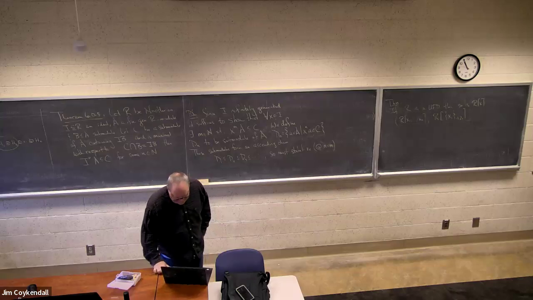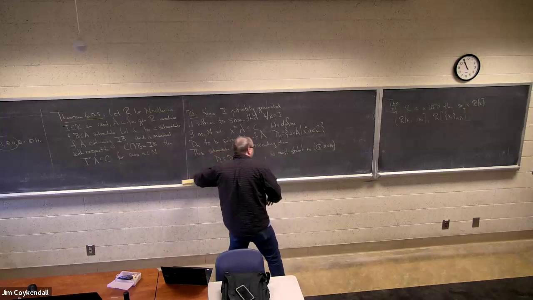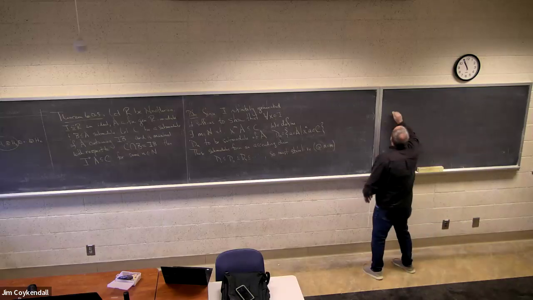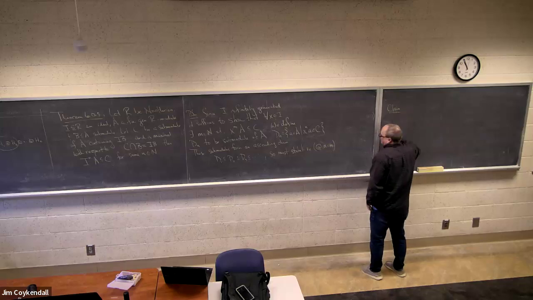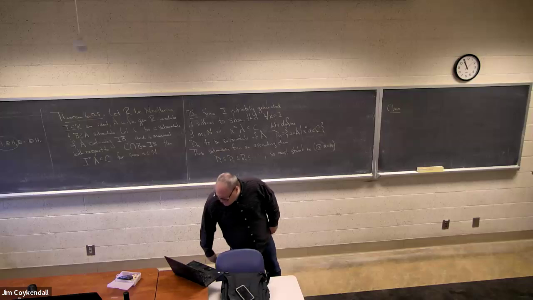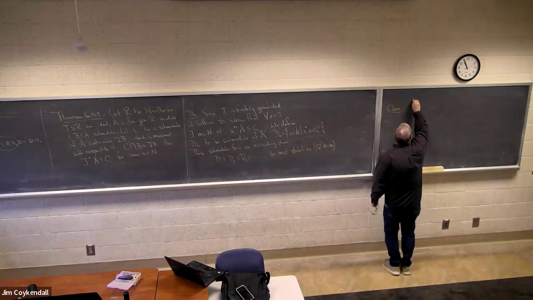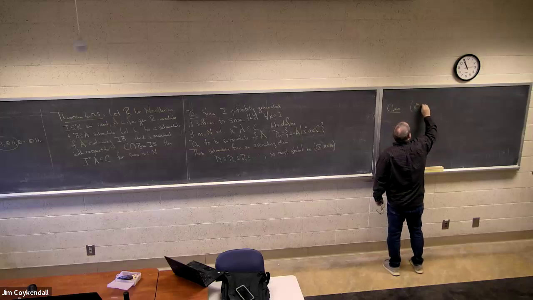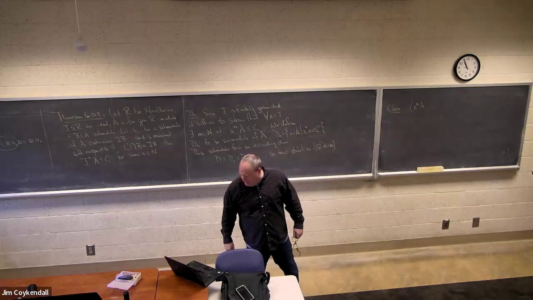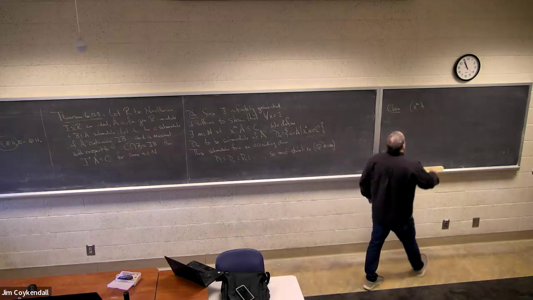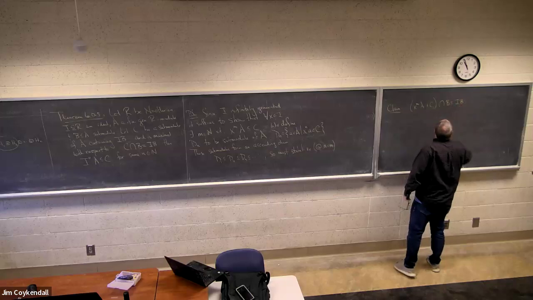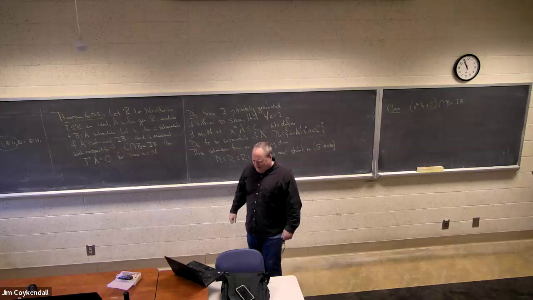I now claim the following. I claim that (x^m A plus C) intersect B is equal to IB.